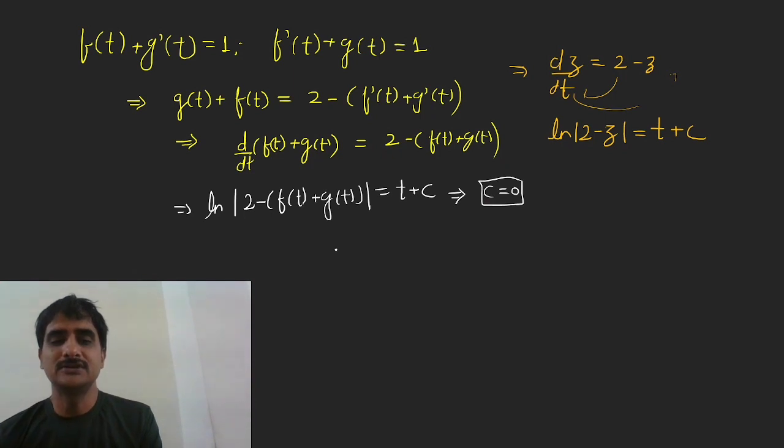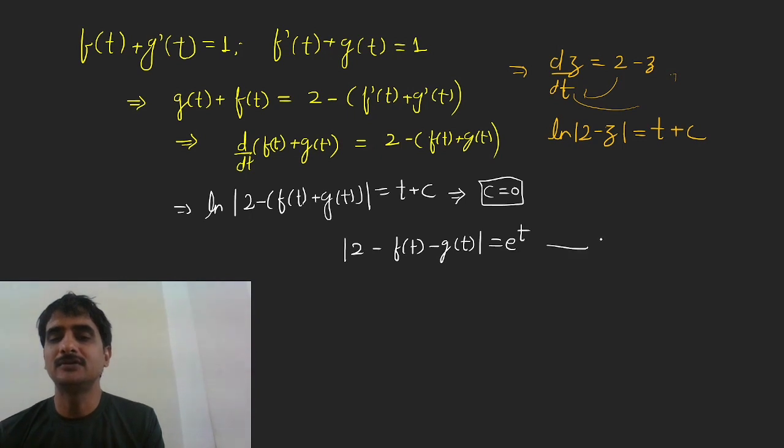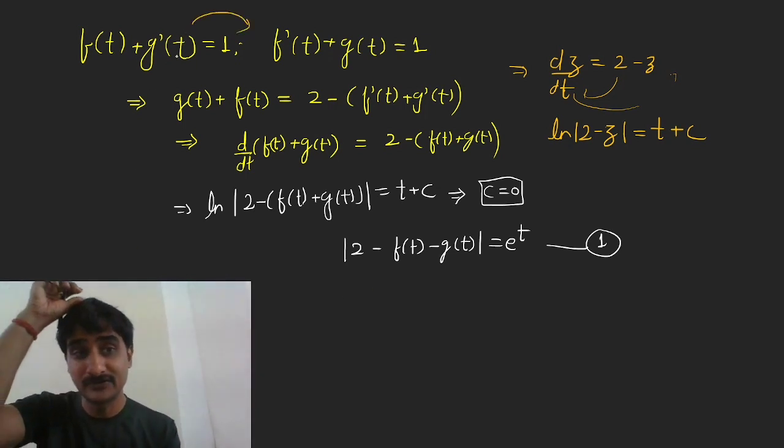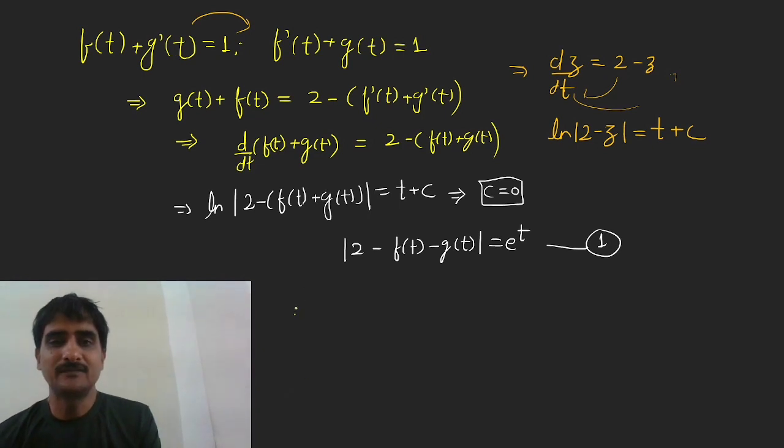So you got one relation here, and what is it? It's |2 − f(t) − g(t)| is equal to e raised to the power t, so that's one relation. Now similarly, as I said, I can subtract them also. So subtracting the second from the first, what do we get? We get f(t) − g(t) is equal to f'(t) − g'(t).